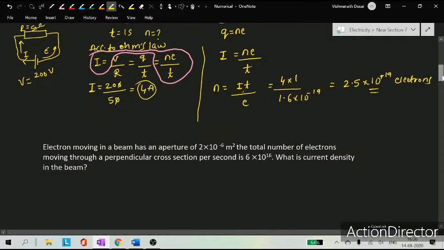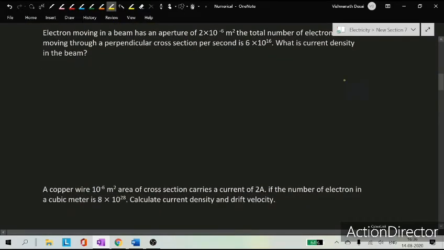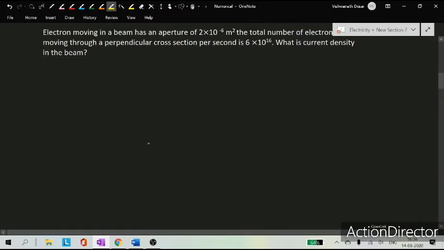Next question. We'll make some space over here. The next question is that an electron beam has an aperture of 2 into 10 to the power minus 6 meter square. Many electrons are flowing in a conductor, a beam of electrons.